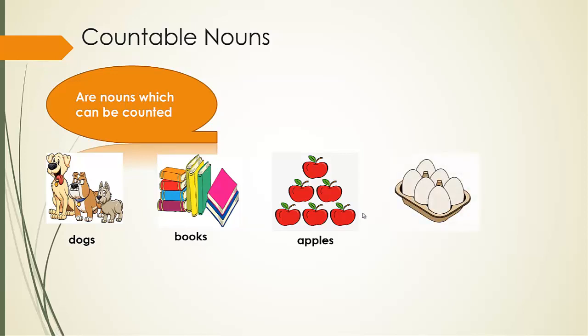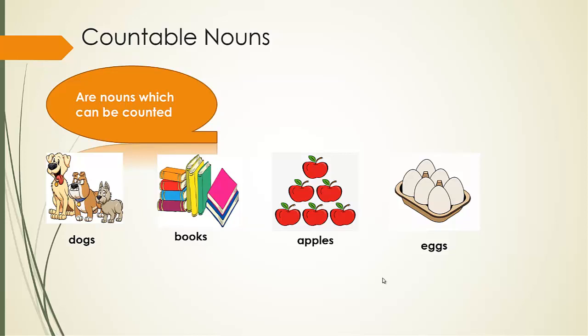The last example. Look here. This picture is eggs. Yes. There is 1 egg, 2 eggs, 3 eggs, 4, 5, 6 eggs. So I can count eggs.